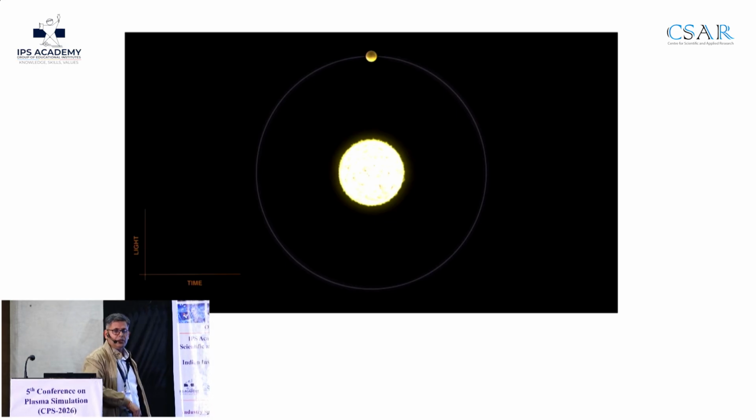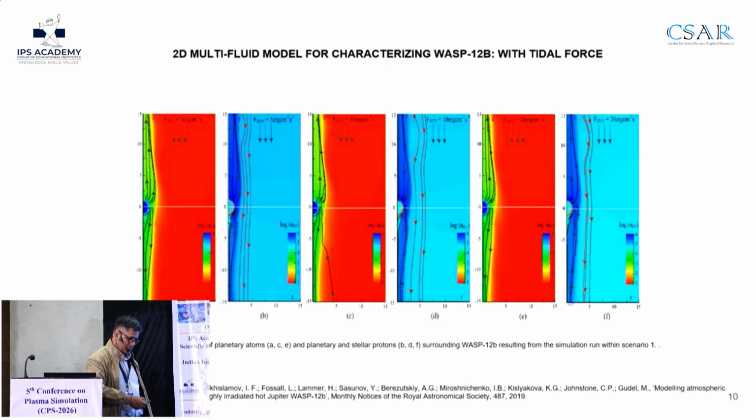It has a mass of about 1.4 Jupiter masses and a radius of about 1.8 Jupiter radii. It was first observed by Hebb et al. in 2009. And the basic way to detect the planet is the transit method.